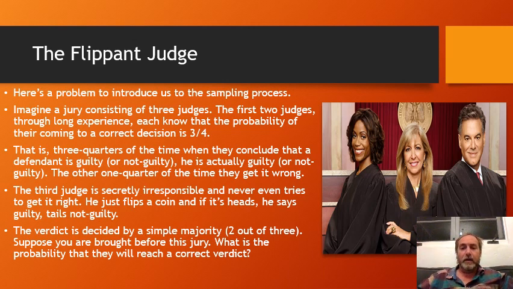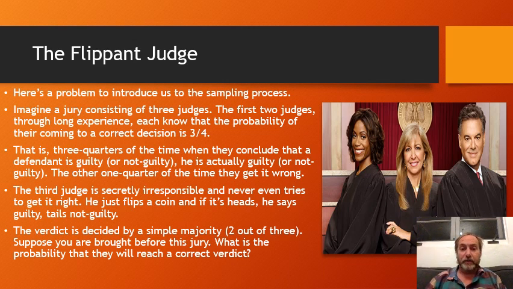Okay, so here's a little problem that introduces the sampling process and uses some of the techniques that we've just learned. Imagine a jury consisting of 3 judges. The first 2 judges have been around a while and have looked back at their past performance, and they know that the probability of their coming to a correct decision in any given case is 3 out of 4.